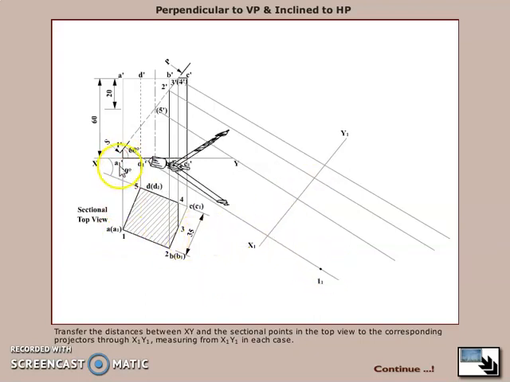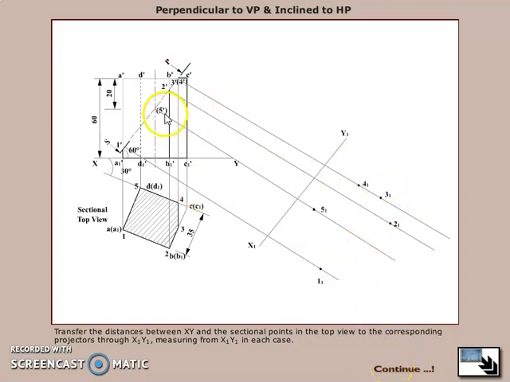Then similarly, take the distance of point 2 and mark the point on the line drawn through 2 dash here. Then take the distance of 3 and mark the point on the line drawn through 3 from x1 y1. Then take the distance of 4 and mark that point from x1 y1 on this line, because 3 4 are on the line 3 4. Then join all these points.